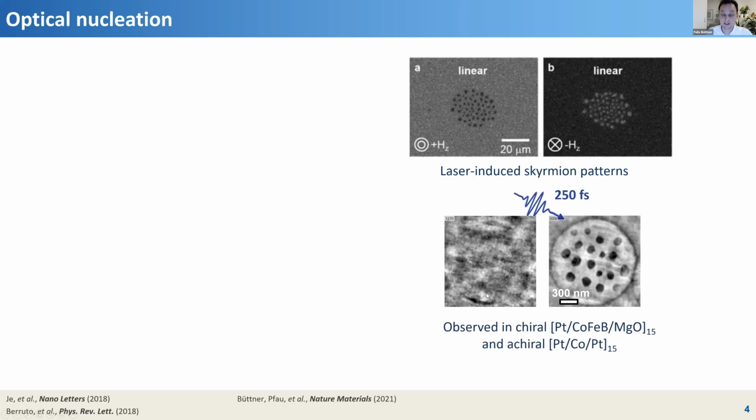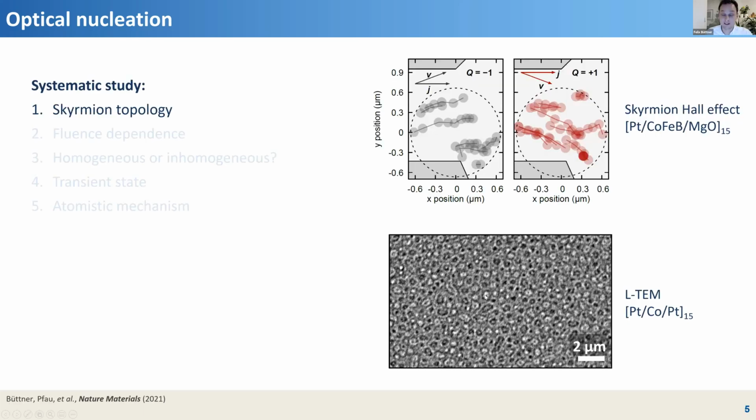So when you see white outer contrast and a black dot in the middle, I think it's clockwise. I need to look this up again. It's one direction, clockwise, let's call it like this. And when it's black on the outside and white in the middle, it's counterclockwise. So there is a difference in chirality here. That's because the system mostly has for sure no bulk DMI that would favor one Bloch chirality over the other.